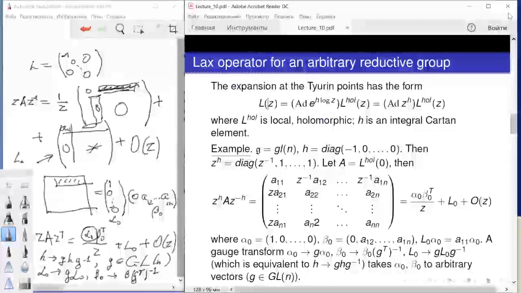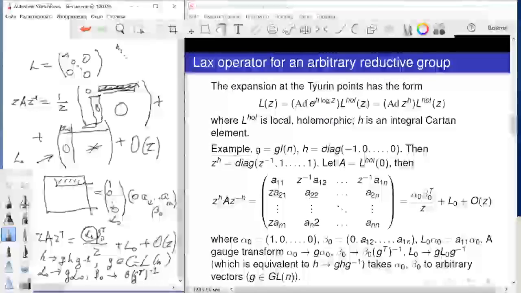You mean H? Yes. It should be an element of the Cartan subalgebra. For example, for symplectic and orthogonal case, it is of the form H1 and so on, Hn.